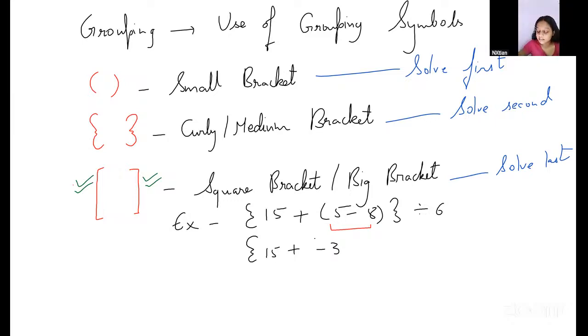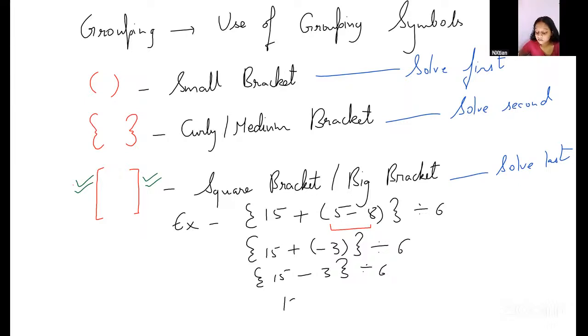When two signs are together, that time you can put the bracket. Now in the next step, we'll remove it. 15 plus minus minus 3 divided by 6. The outermost value that is not in the bracket will be solved at the last. So 15 minus 3 is how much? 12.